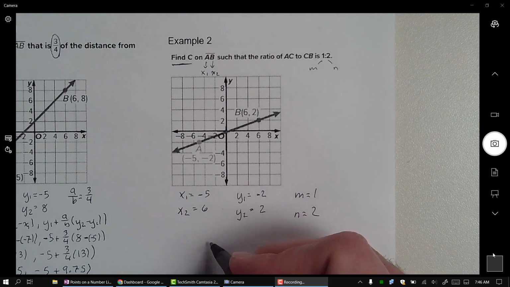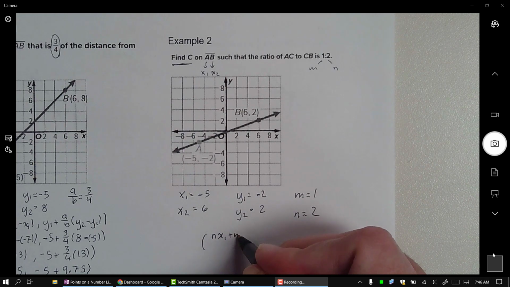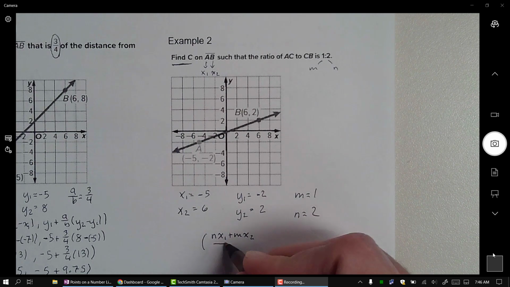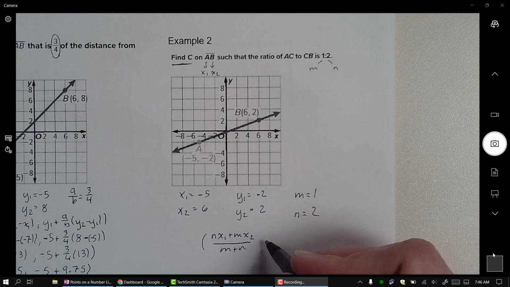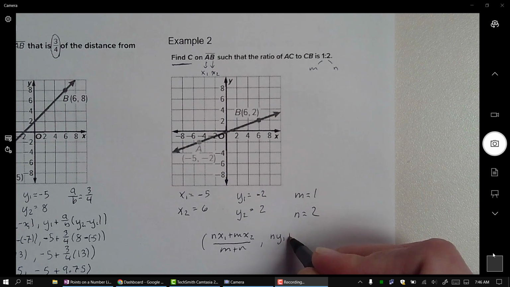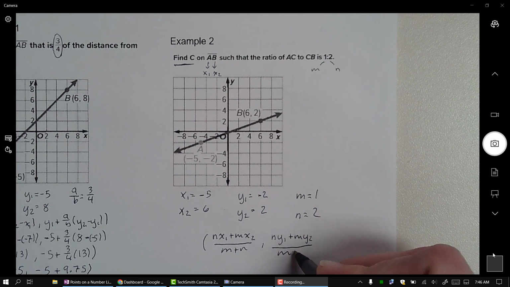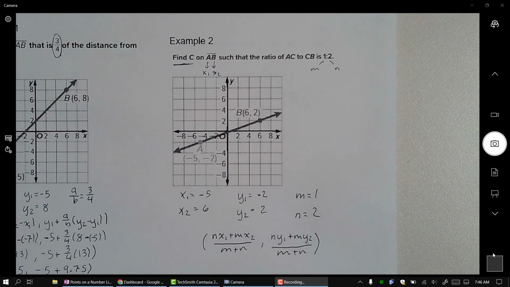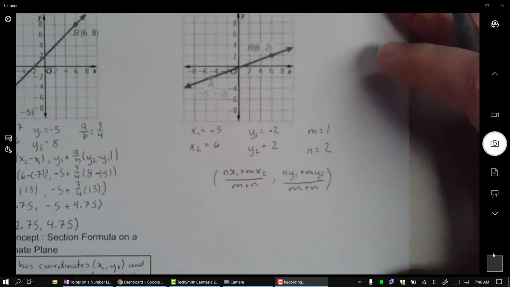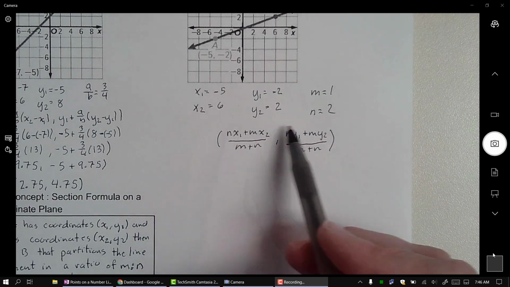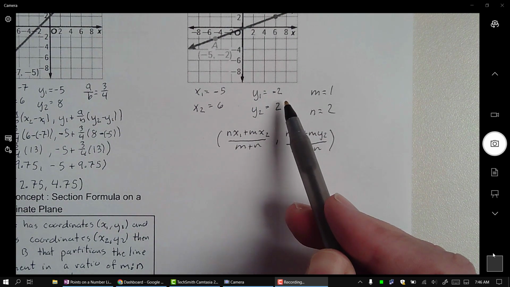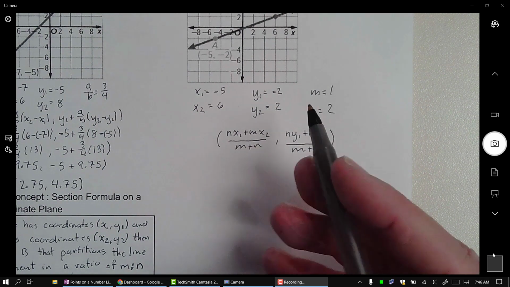So let's write out the formula. n x1 plus m x2 over m plus n. They're not equal to opposites of each other, so we're good. n y1 plus m y2 over m plus n. So there's my formula. Now I have all my values right here. I could take those and substitute them into my formula.